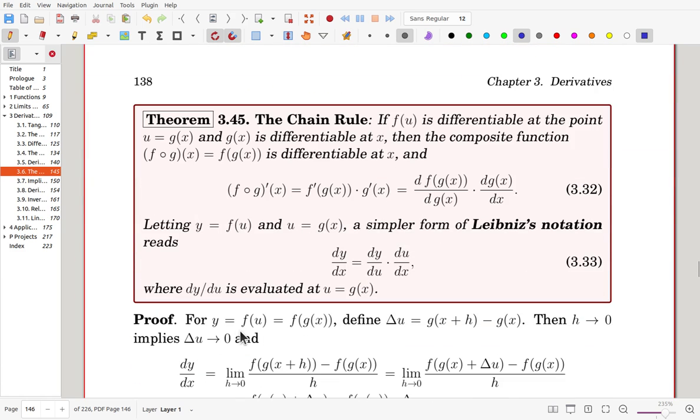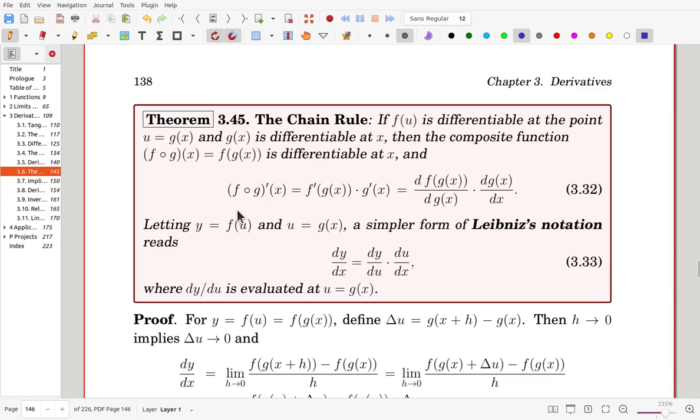Okay, here we have the theorem, the chain rule. If f of u is differentiable at u, and also u is g of x, that means a function of x, and g of x is differentiable at point x, then the composite function is differentiable at x.